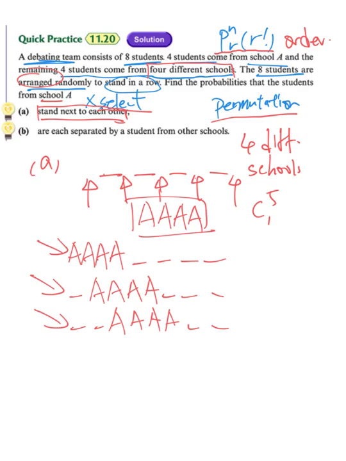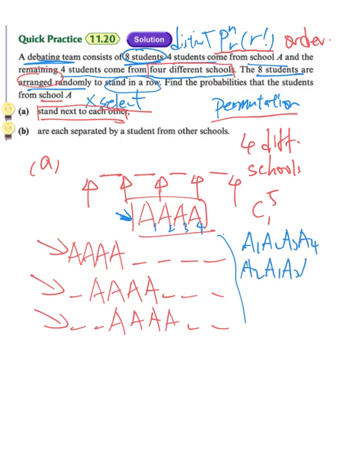Also you need to know that all the people are distinct. This is the first student, this is the second student, and this is the 4th student. That means the arrangement is important among these students from school A. So you need to take care of different scenarios: A1, A2, A3, A4 is different from A2, A1, A3, A4, so on and so forth.